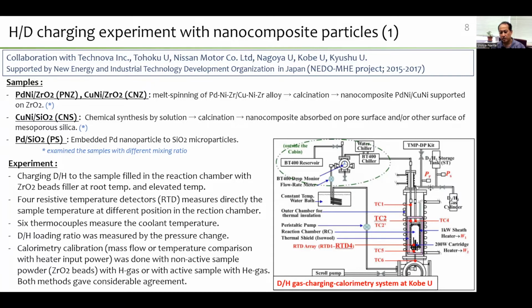Deuterium or hydrogen was charged to this cell, and the temperature of the cell or the temperature of the sample was measured by RTD or thermocouples, and the loading ratio was measured by the change of the pressure. And then from the temperature measurement, the excess power was estimated considering the reference run results, calibration results.